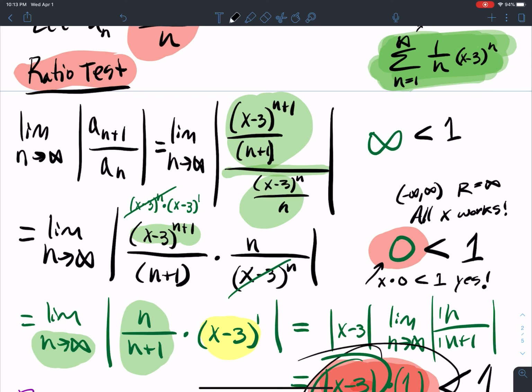The only time I can make infinity less than 1 is when I make my x equal to c, which makes it 0 times infinity. Whatever that number is times 0 gets me 0, and that is the only way that I can be less than 1. And so then the radius of convergence is 0, and the interval of convergence is the single point at c.